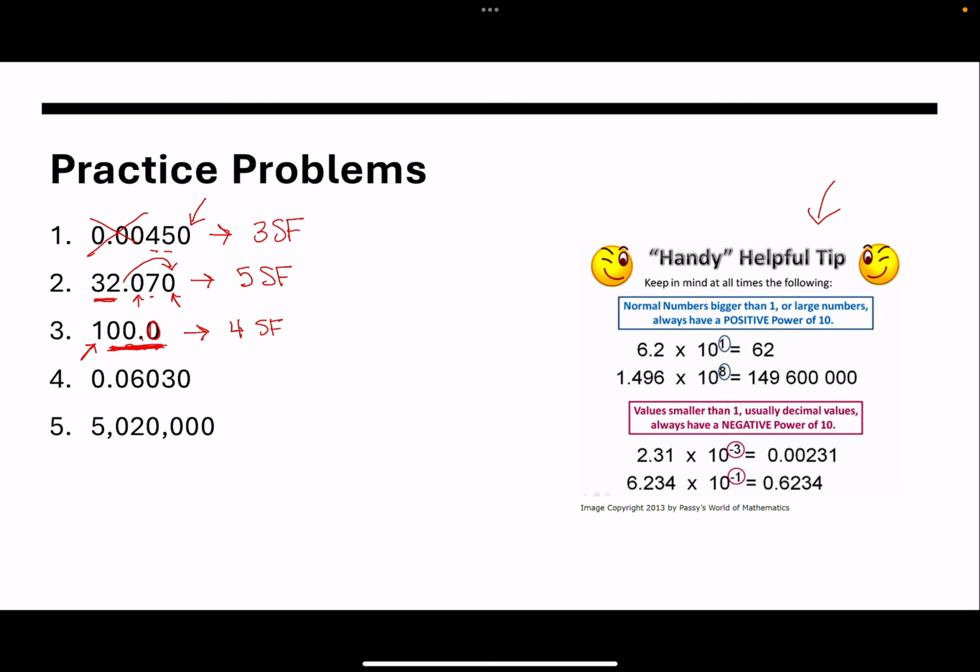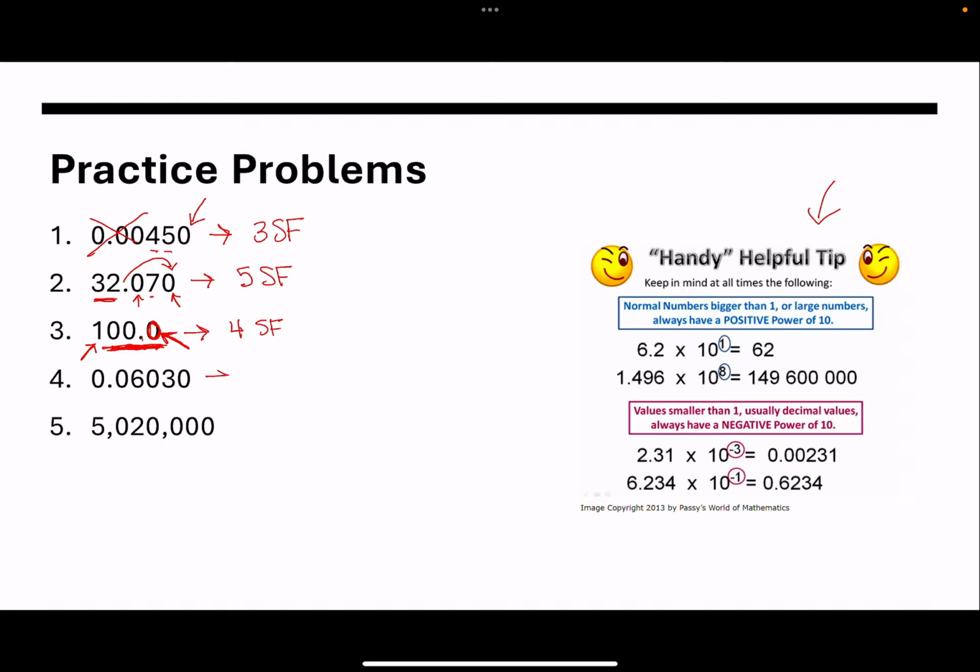This is something that we know for certain, or it's our last uncertain digit, but it is what we know. We could not go any further than this. So these are, remember, 3 certain numbers and 1 uncertain number, which gives us 4 sig figs.